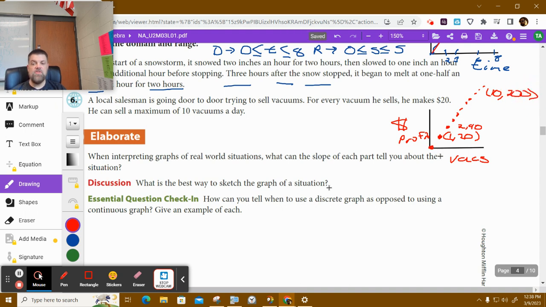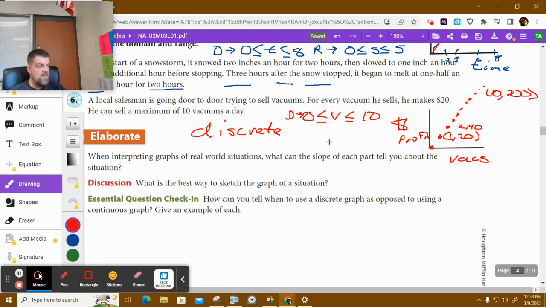Now that's not exactly drawn to scale because I'm running out of space there, but this is discrete. It's not continuous. You're never going to sell a half a vacuum. Let's do the domain. The domain is the number of vacuums, which goes from 0, we can include 0, to 10.